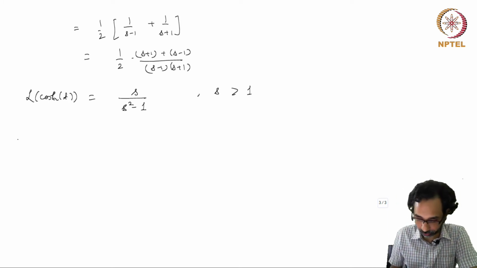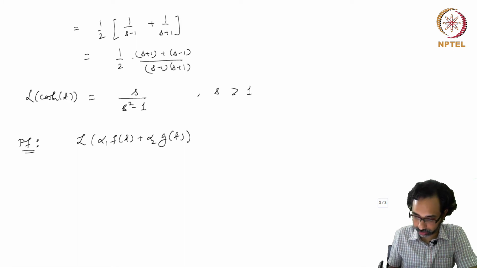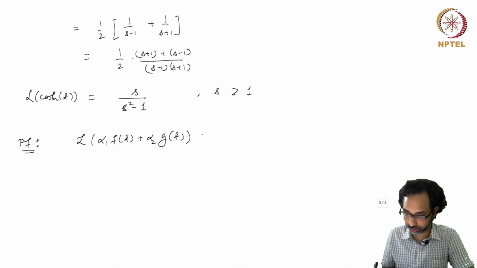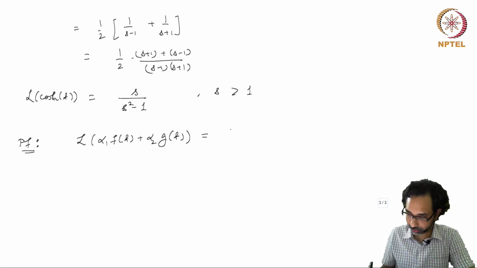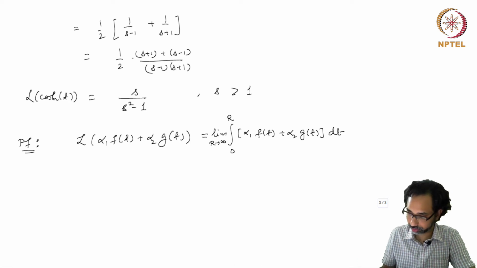So let's try to give a proof, which is a very easy proof for this linearity property. So we try to compute the Laplace transform of alpha 1 f(t) plus alpha 2 g(t), and this is by definition, again we use the definition of the improper Riemann integral, integral from 0 to R of alpha 1 f(t) plus alpha 2 g(t) times e to the power minus st dt.